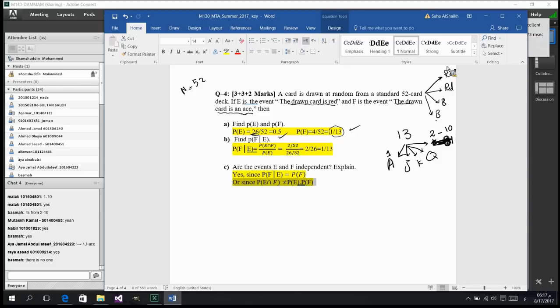Now the conditional. An ace that is red: how many do I have? The 26 red cards.